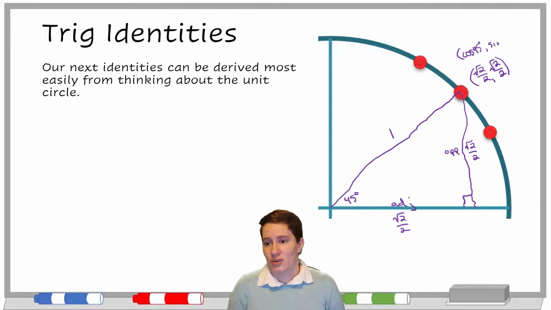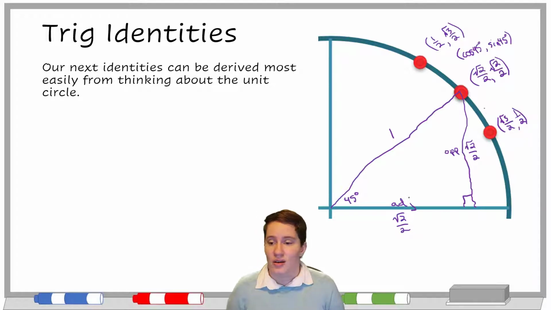And just in general for the unit circle, for each of these points that we could have, we can generalize this to say, my x value for these points is giving me cosine of whatever the angle is. My y value is giving me sine of whatever the angle is. So we can generalize these points to be cosine theta, comma sine theta.